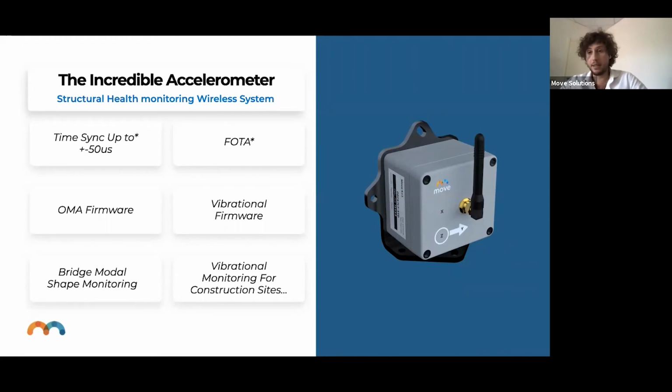You can synchronize it with a GPS, GNSS, but it will consume your battery. It will consume it really fast. So we have designed a system inside the accelerometer which enables us to phase the accelerometers between themselves and make different samplings during the day that are completely synchronized at 100 microseconds top with different phases.